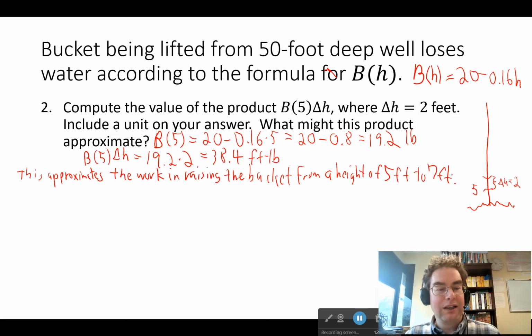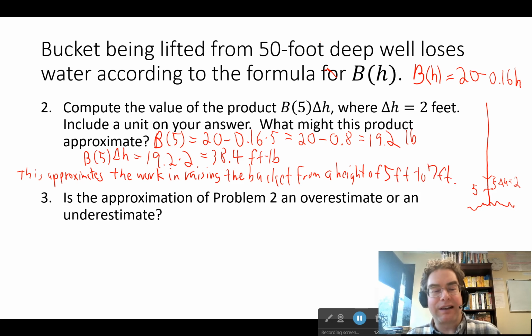Now, you might wonder, why is this an approximation? The next question kind of gets at that. Is this approximation an overestimate or an underestimate? The reason that this is an approximation, if you want to pause and think about it, you can, is that it's presuming that the weight of the bucket is constant during that 2-foot lift. We know that's not the case.